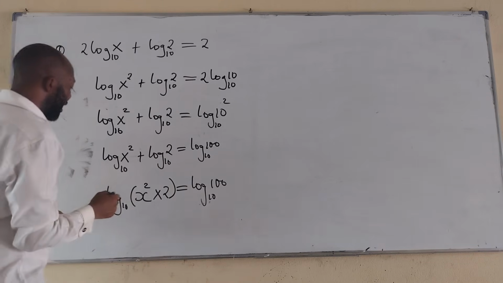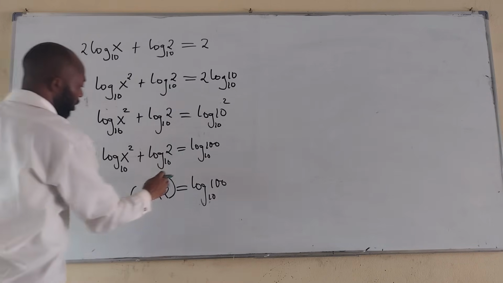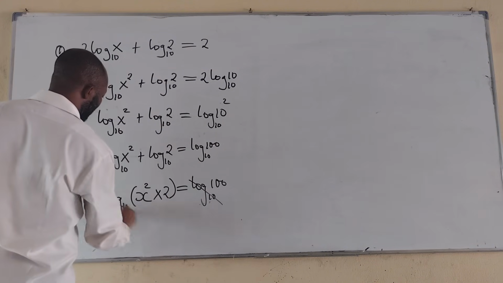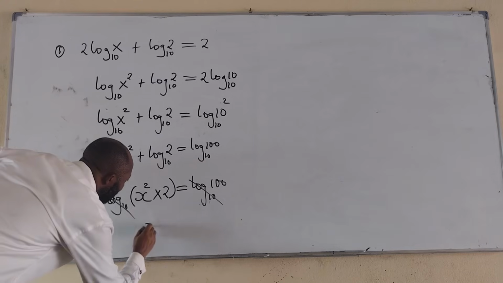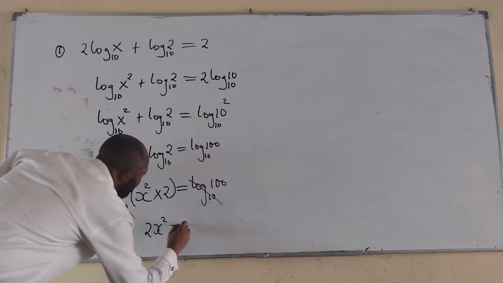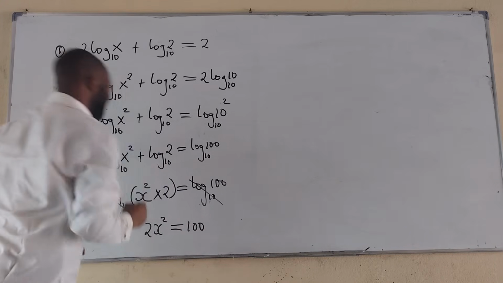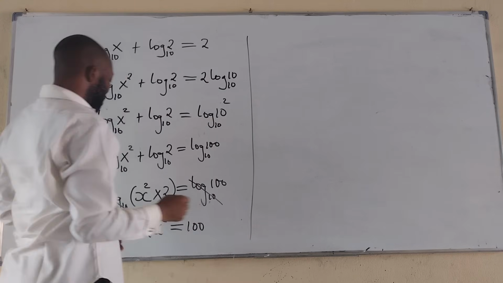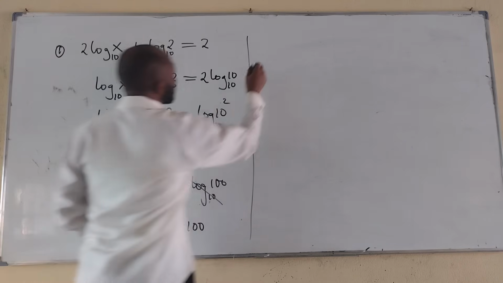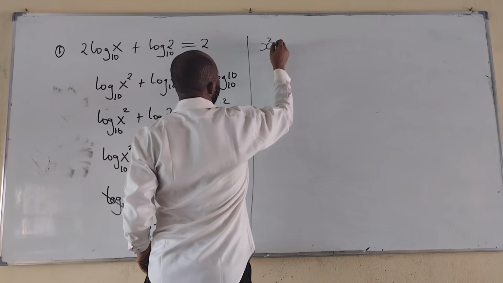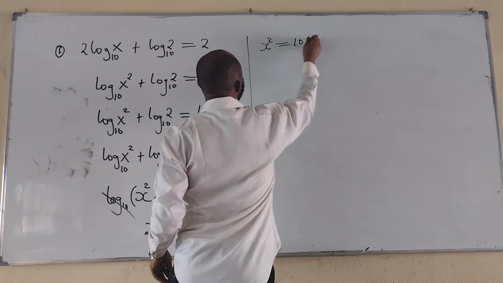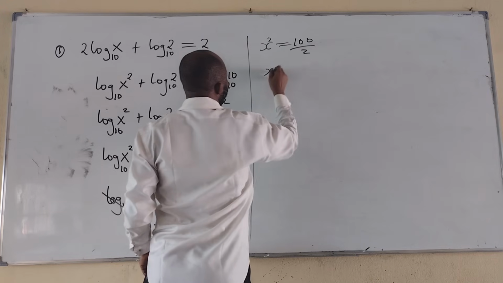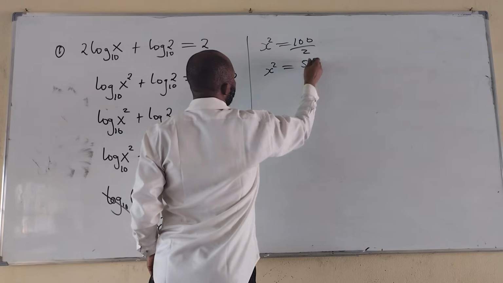Now, I have common log here, both are the same, so I cancel them out. So I have 2x squared is equal to 100. Now, I divide both sides by 2. So x squared is equal to 100 over 2. x squared is equal to 50.